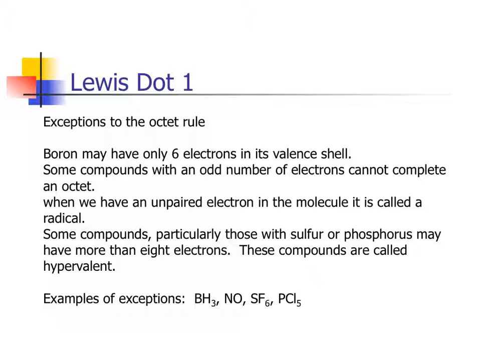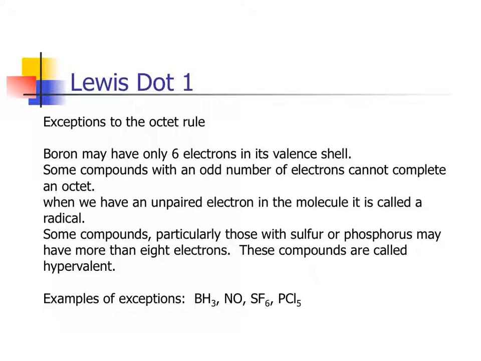And so you have that unpaired electron that's not very stable, and therefore those molecules are not stable. Those unstable molecules mean that the compound is going to react or deteriorate very quickly.